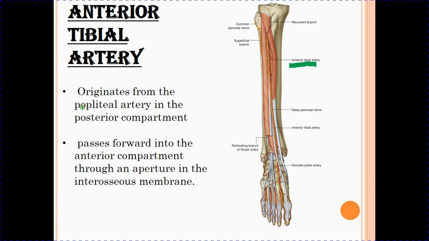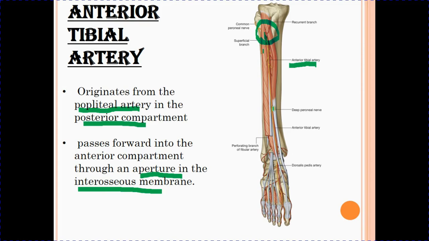It originates from the popliteal artery in the posterior compartment. It passes forward in the anterior compartment through an aperture in the interosseous membrane. Now here you can see there is an aperture in the interosseous membrane through which the anterior tibial artery enters into the anterior compartment.